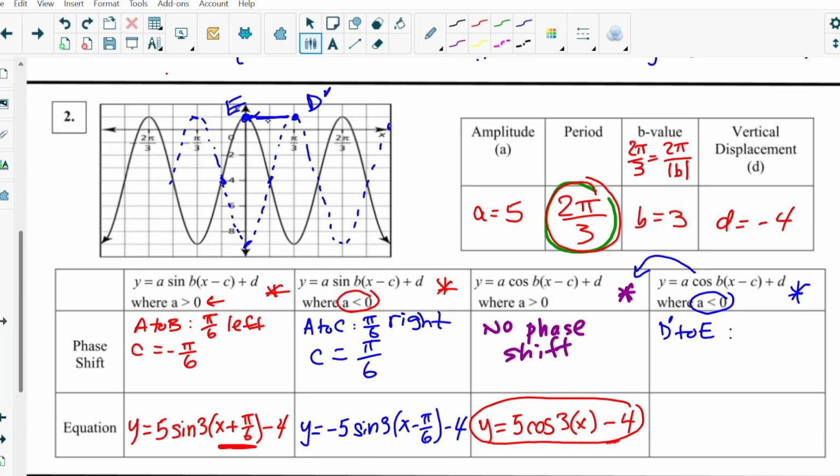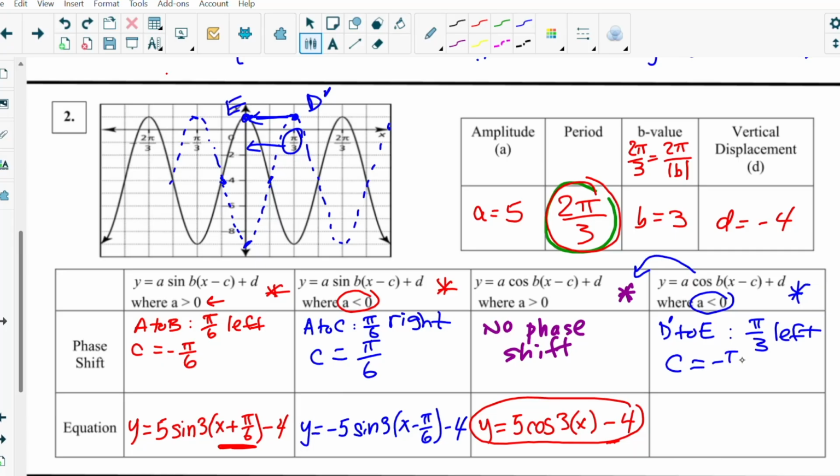So this one right here. And what direction? What is that distance? That is pi over 3 units. So pi over 3, and which way? I'm going left. So pi over 3 units left.